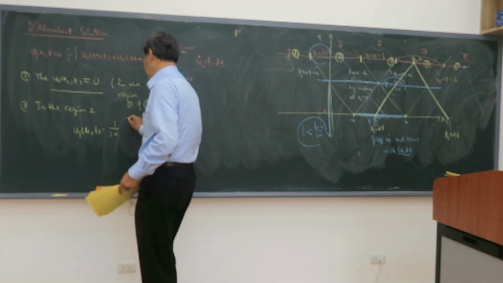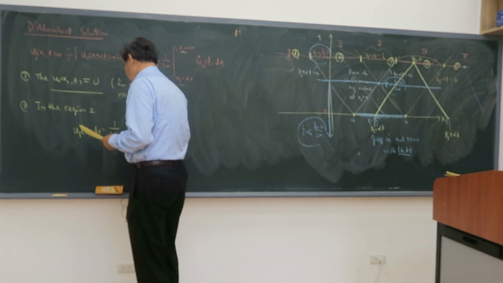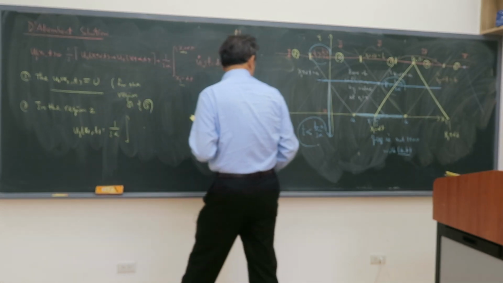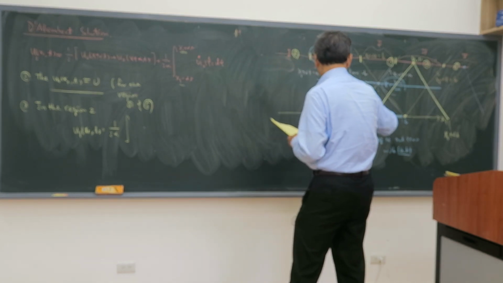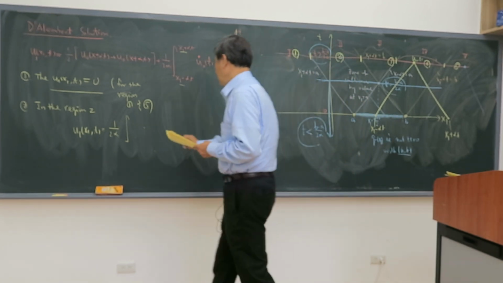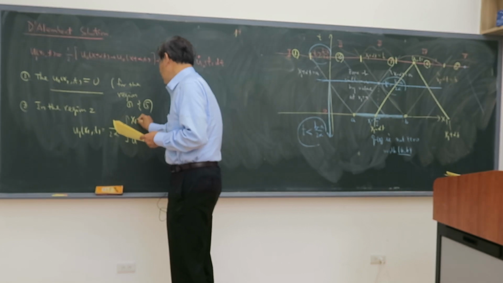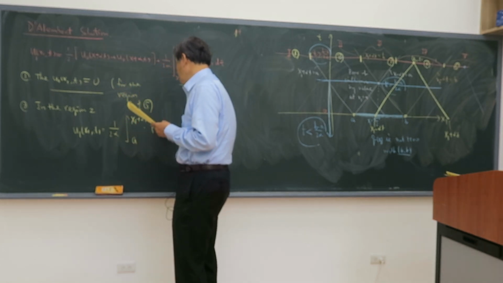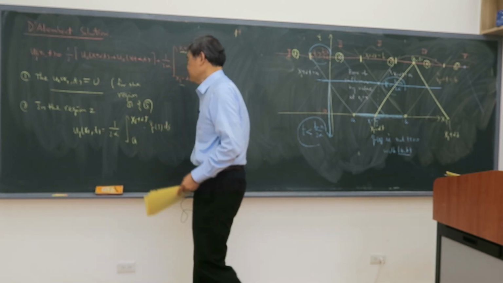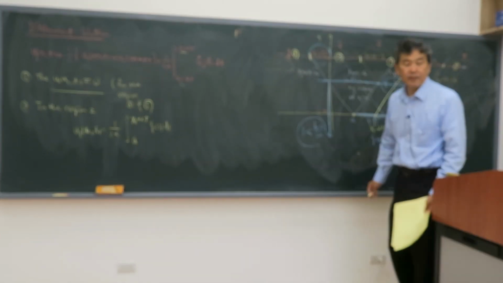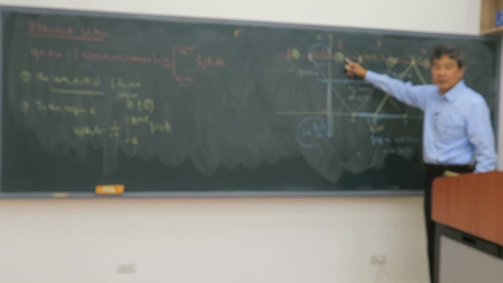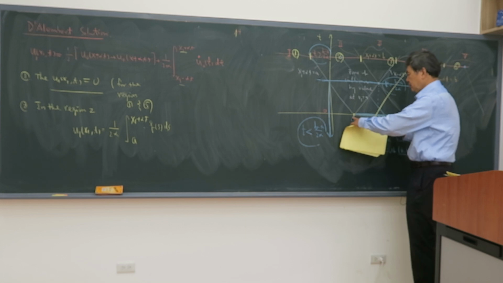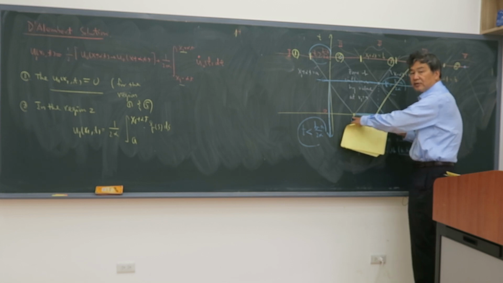So it's from a to x1 plus alpha t, q(s) ds, my integration. Okay. For any point in here, this domain of dependence is from a to x1 plus alpha t.